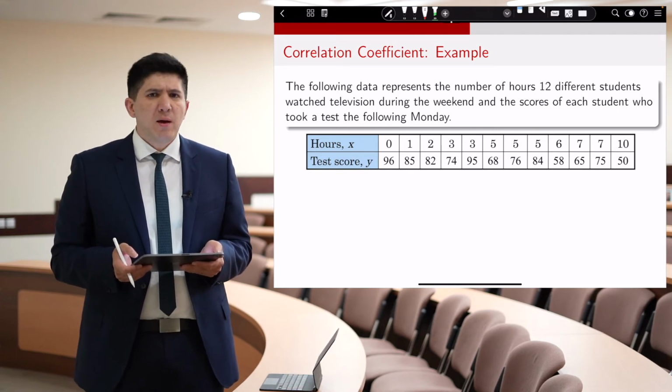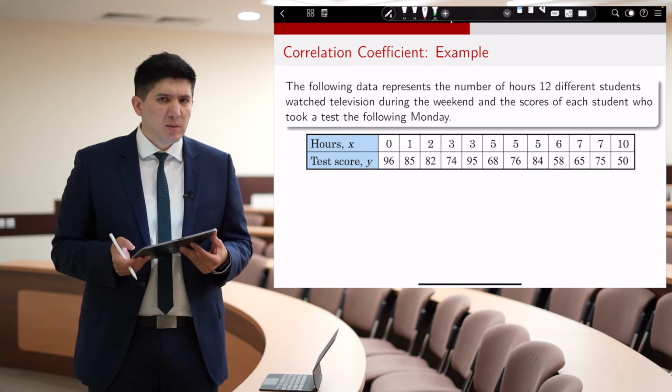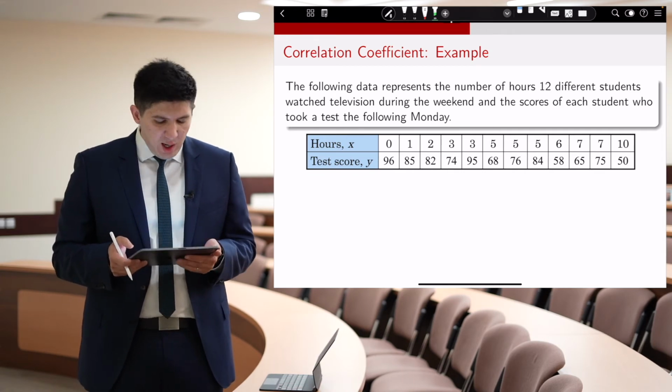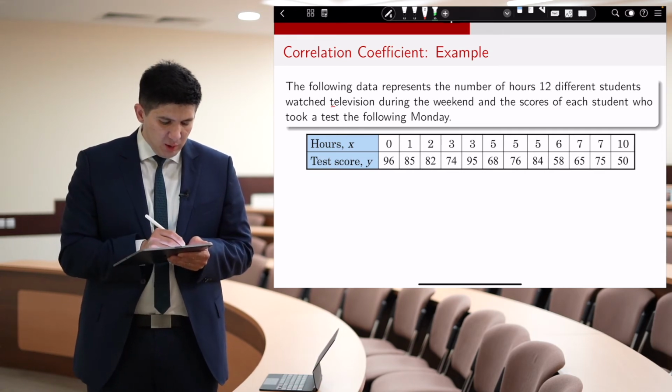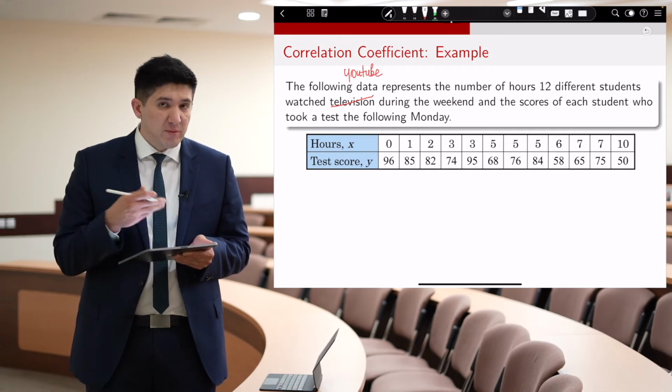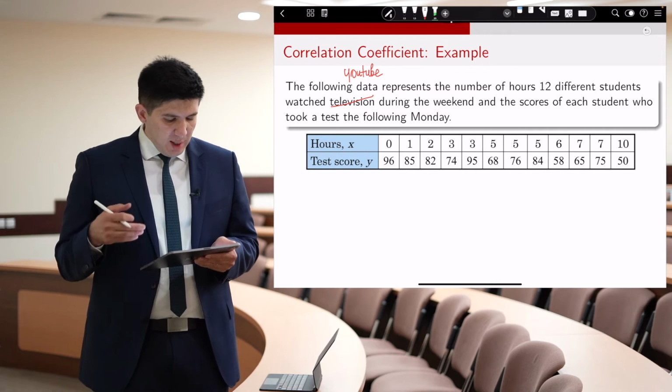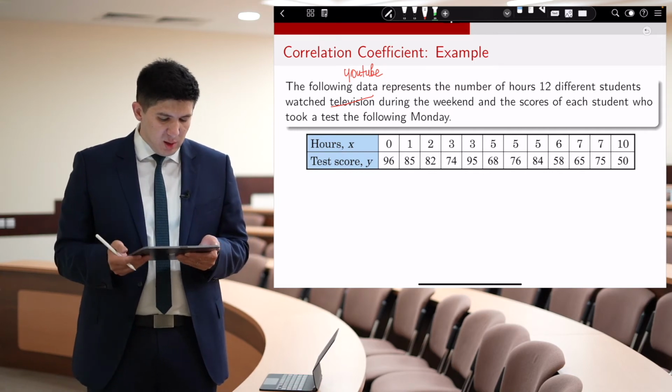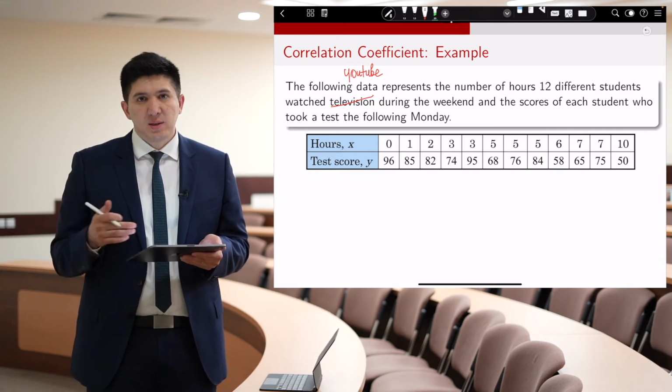I would say nowadays people, especially young people, do not watch TV, so I would substitute this with watching YouTube or some other social networking platforms. And then it is going to be their scores on the test on Monday.